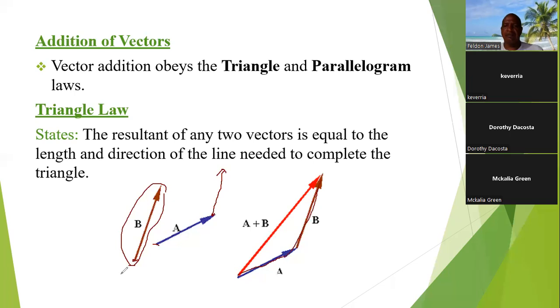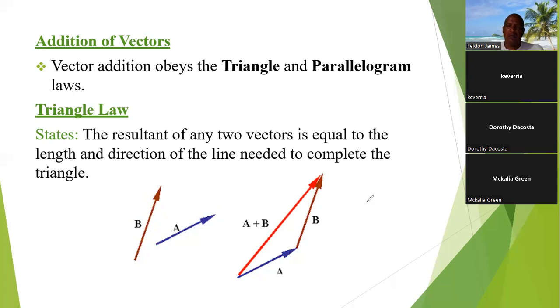Everybody see that? Everybody see what I'm talking about, guys? You take the tail of the vector B and you align it with the nose of the vector A. Is that clear, guys? Raise your hand if you understand what I'm saying.